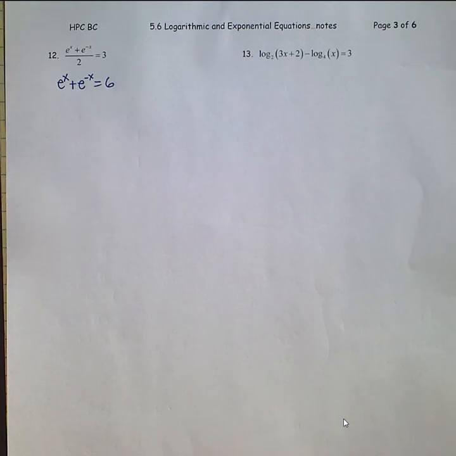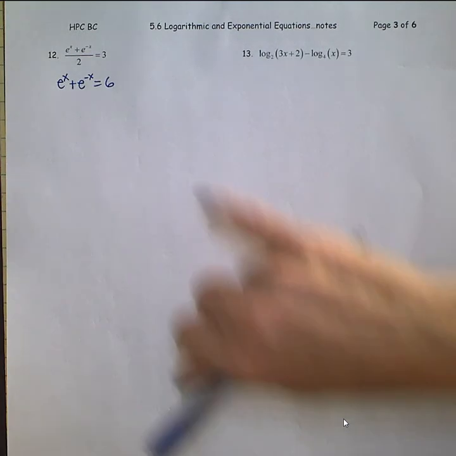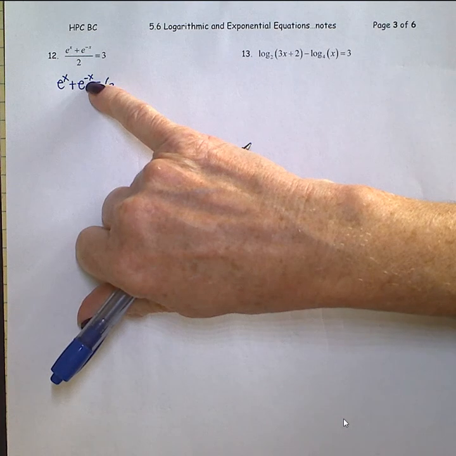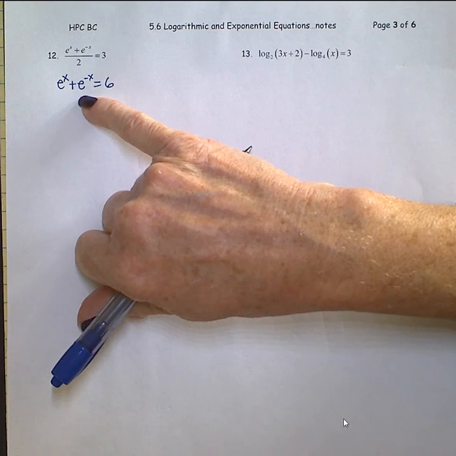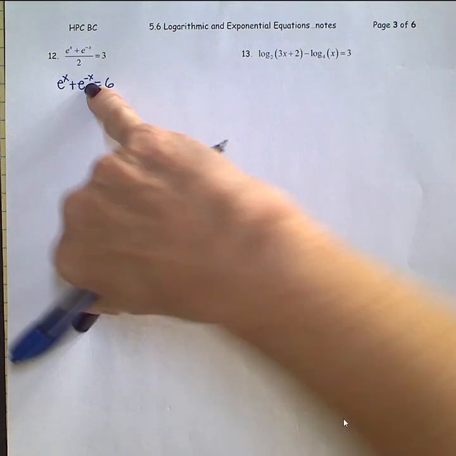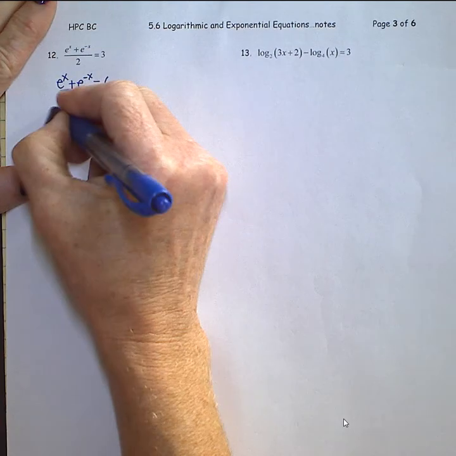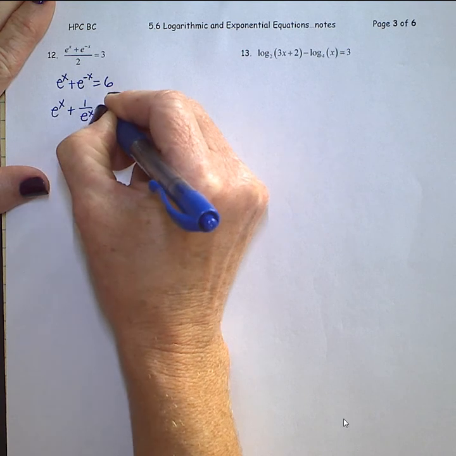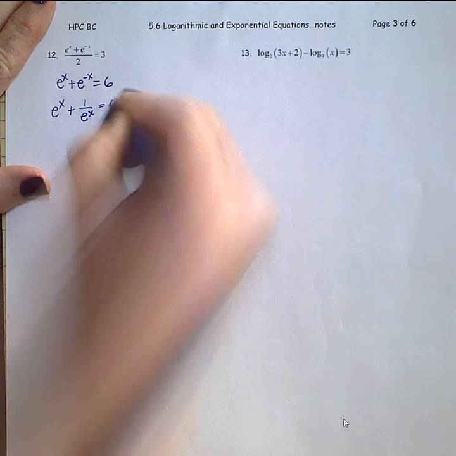Okay. And we touched on it a couple minutes ago. What's this e to the negative x? Could we write that as 1 over e to the x? So I have e to the x plus 1 over e to the x equals 6.